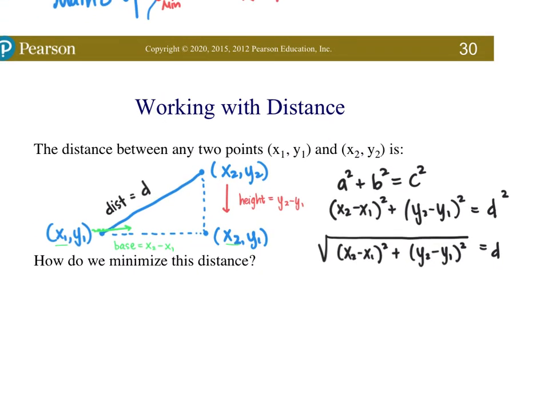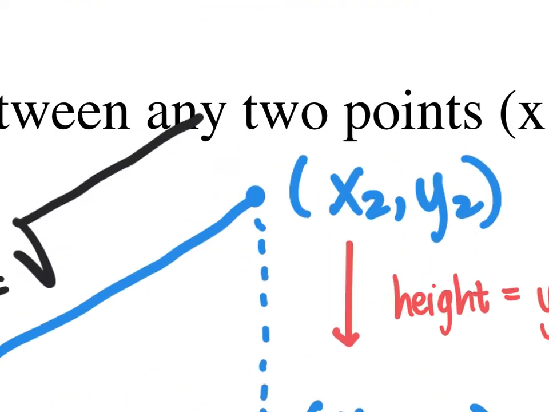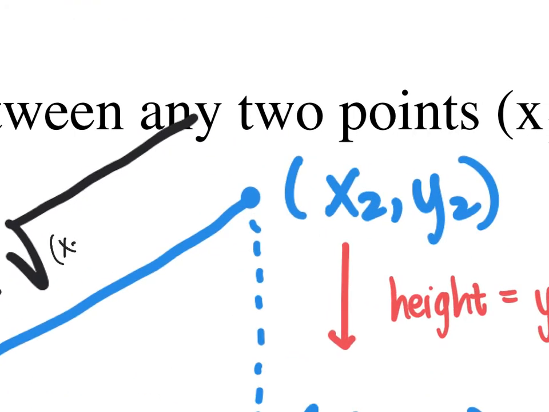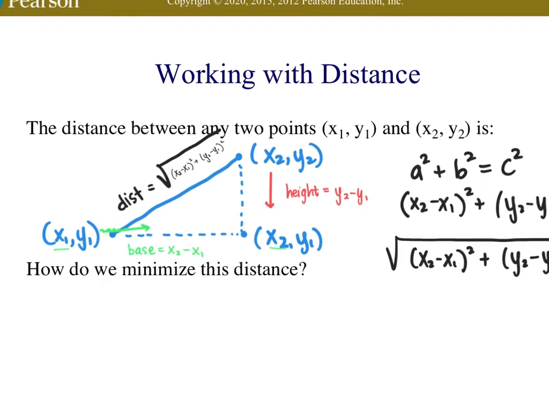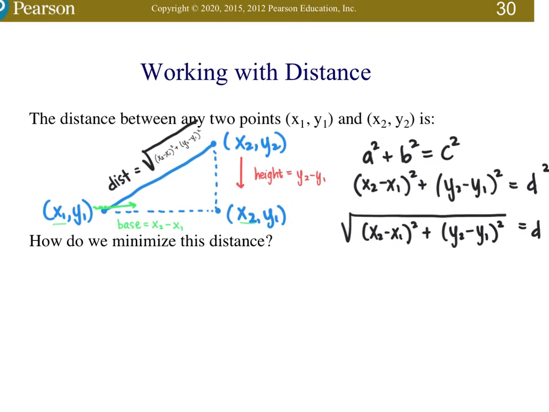And so my distance over here is now the square root of x2 minus x1 quantity squared plus y2 minus y1 quantity squared. Okay, that's all geometry. So then the question is, how do we minimize this distance?